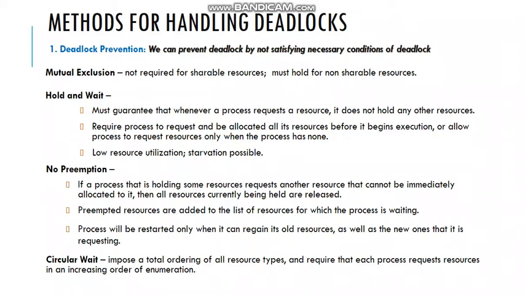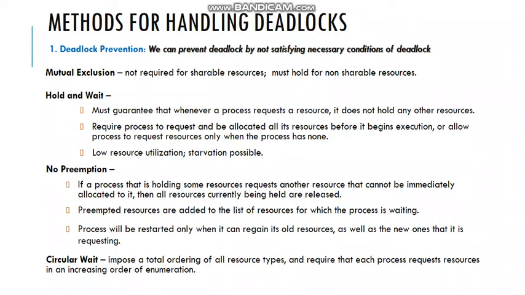The fourth one is circular wait. So for circular wait, we will impose an ordering of resources. So what ordering? We will give a numerical enumeration, a numerical number, to each of the resources so that we will have an algorithm such that how the requests will be, how the resources will be given to the process which is requesting that resource.